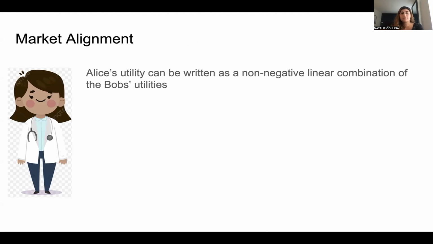So what is market alignment? Market alignment says that Alice's utility can be written as a non-negative linear combination of the utilities of the Bobs. So let's take a look at what that might look like. If you had, say, a finite number of actions and a finite number of states, then you can very concretely think about some particular AI company's utility as a point in some high-dimensional space.